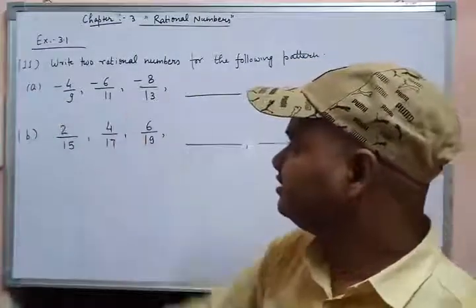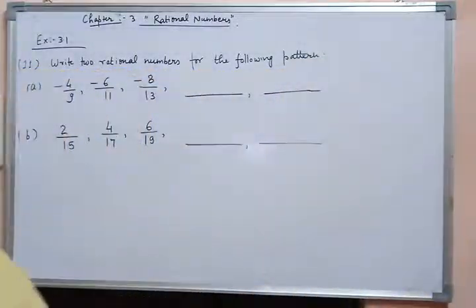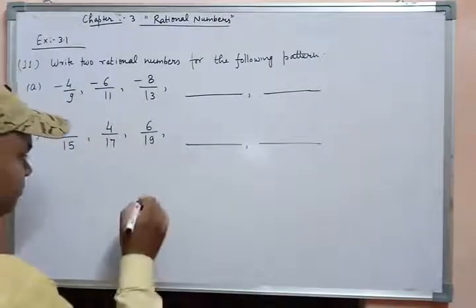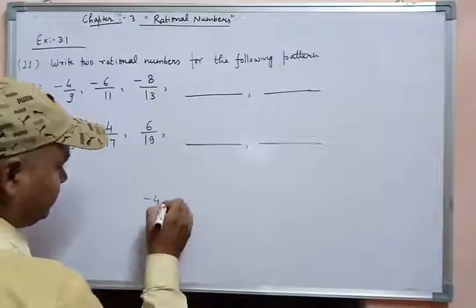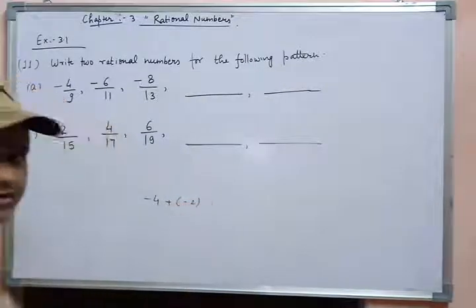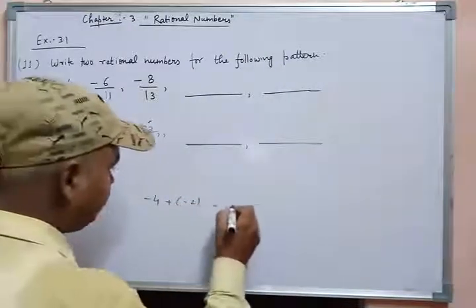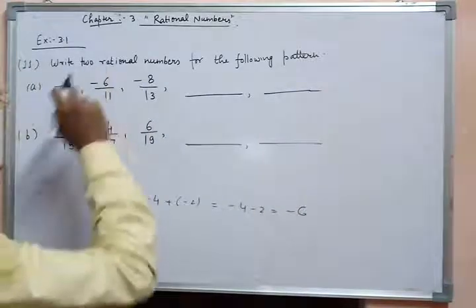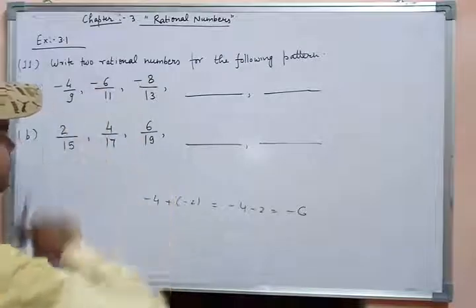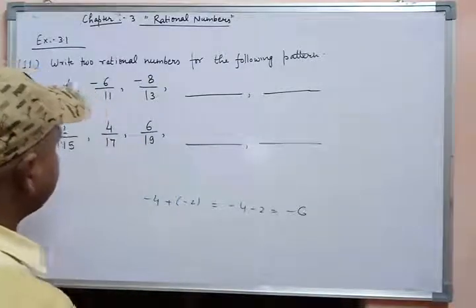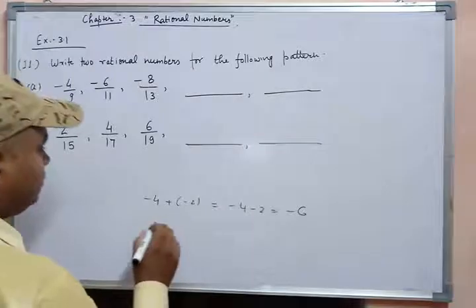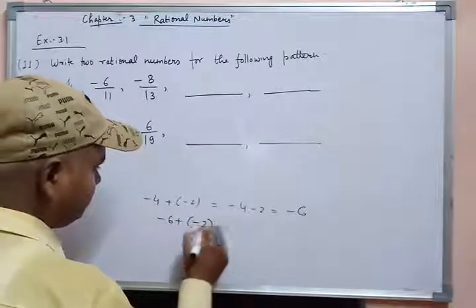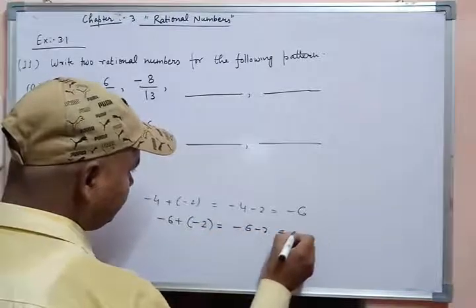So all these I have given are rational numbers, and you have to observe that in -4, if we add -2, then we will get -6. Here you have seen that -6 is written, and in the same way if we add -2 in -6, then we will get -8.